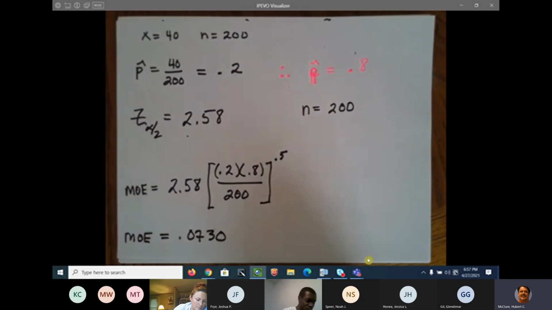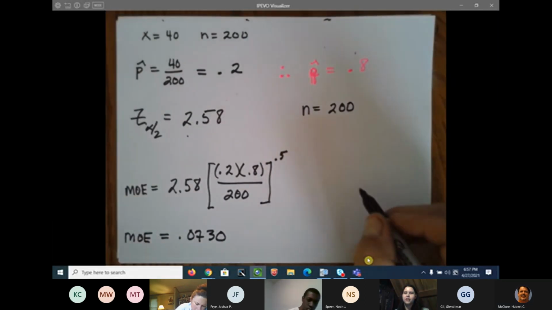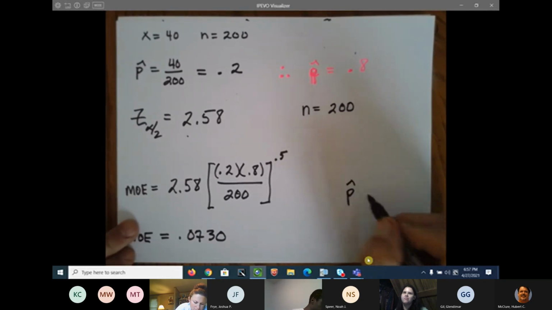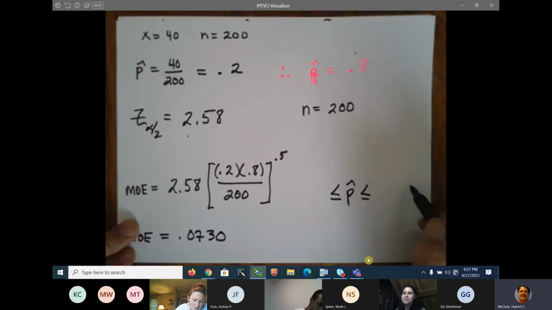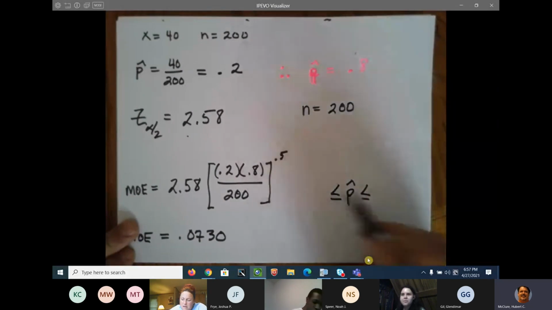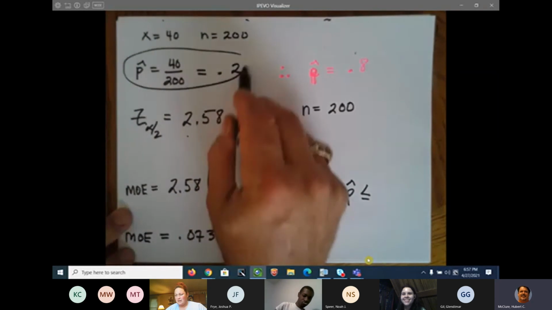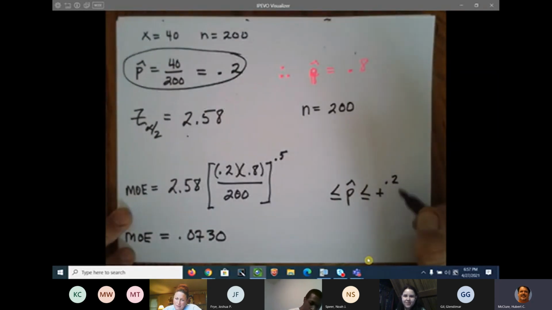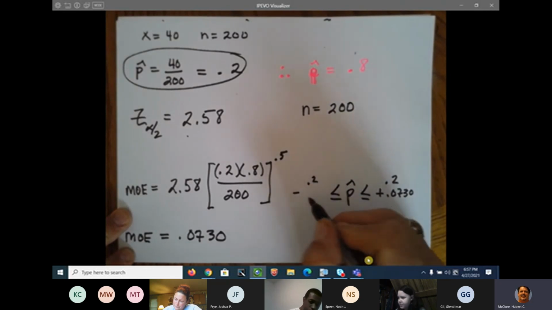So P hat is in the middle, and you're going to have some numbers here and some numbers here. So I'm going to go ahead and add it. Where is 0.2? So 0.2 plus 0.0730 and 0.2 minus 0.0730.